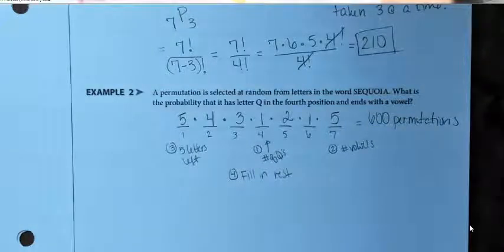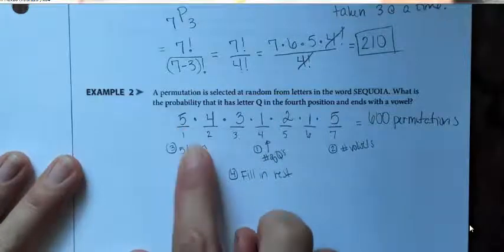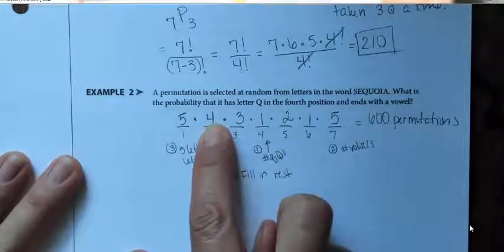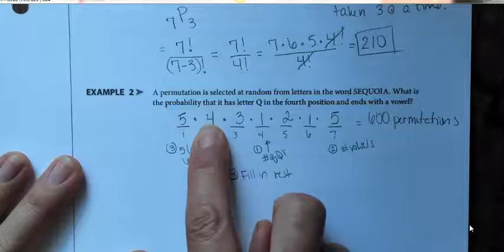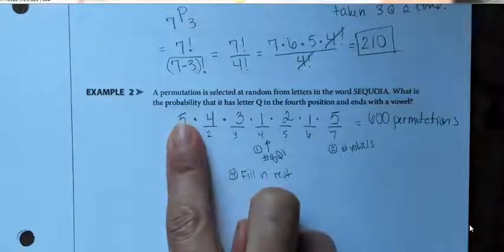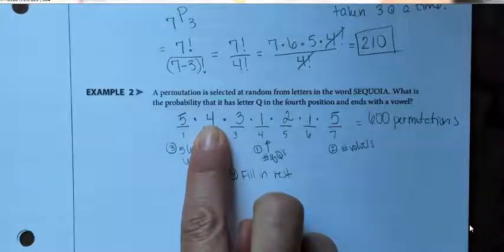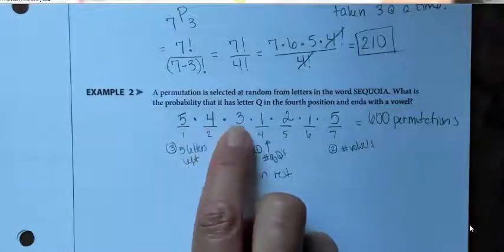Now we need to figure out, okay, well, what's our whole sample space? Well, the whole sample space would be like if I just had these 7 letters and I say to myself, okay, I'm going to put 7 here, then 6. So I pick one letter out of 7, then there's only a possibility that there would be 6 others, and then 5, and then 4.